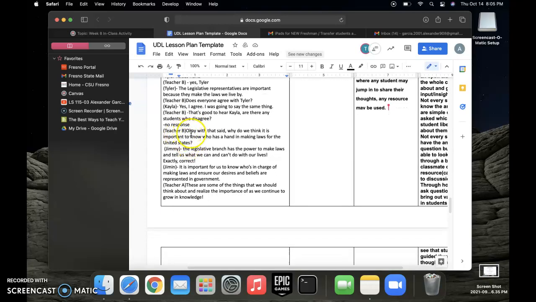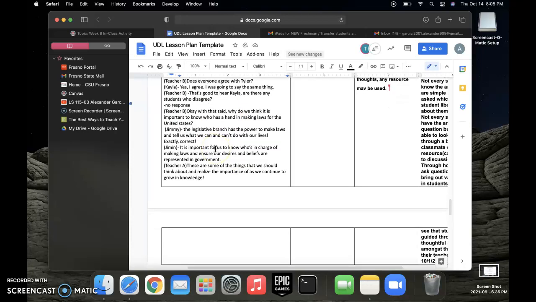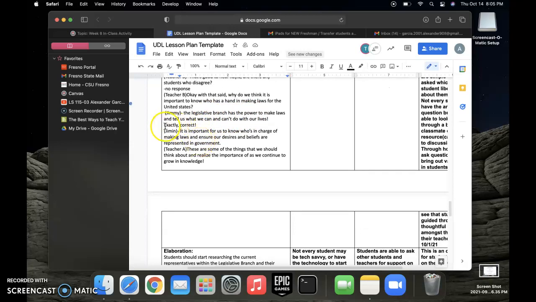Teacher B again responds, okay, with that said, why do we think it is important to know who has a hand in making laws for the United States? Jimmy responds, the legislative branch has the power to make laws, tell us what we can and can't do with our lives. And then this would be teacher B again, saying exactly correct.